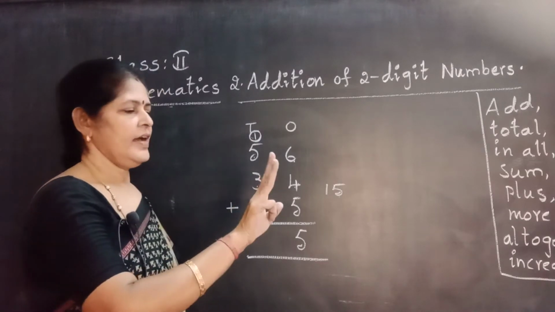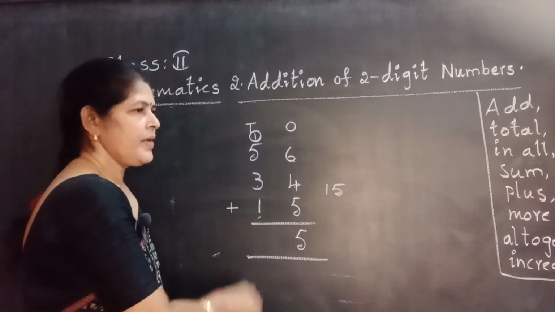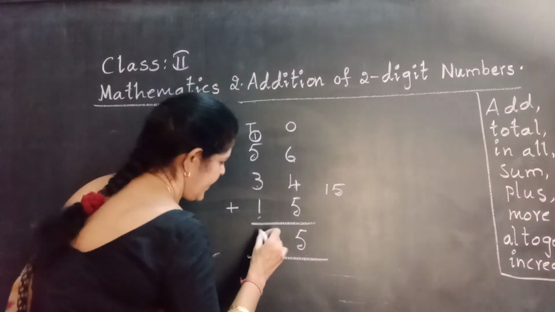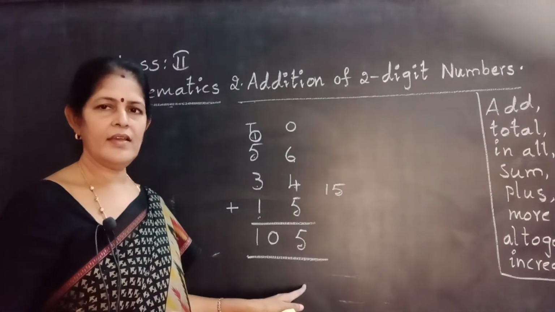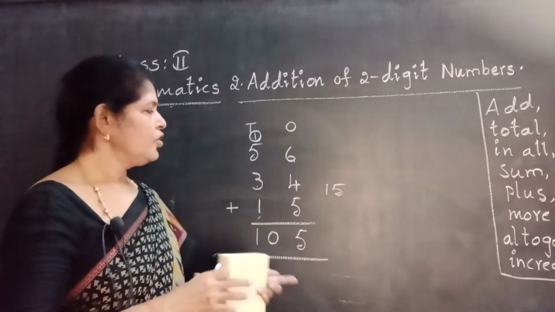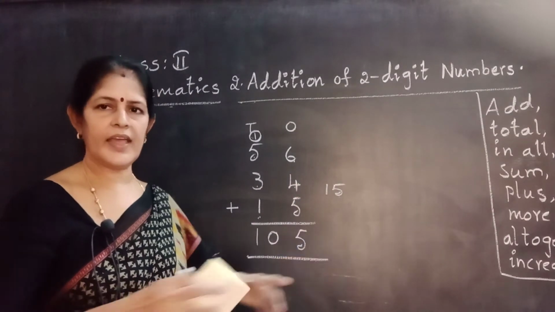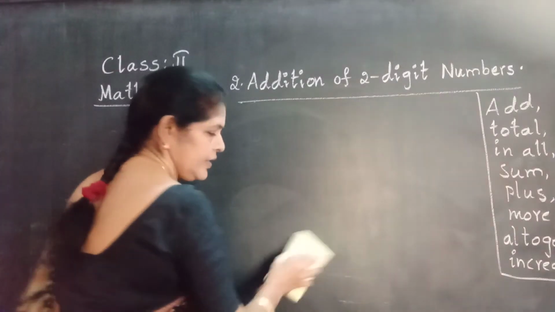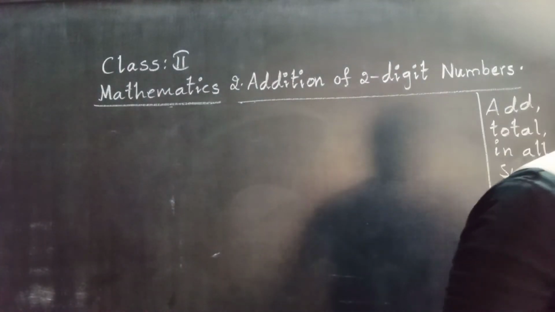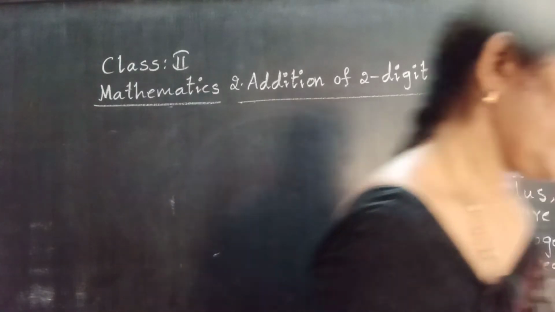Take 3 fingers. 6 after 7, 8, 9. 9 plus 1, 10. What is the answer? 105. 2-digit number, 3 lines with regrouping. Okay? Next example goes to verifying addition with regrouping.